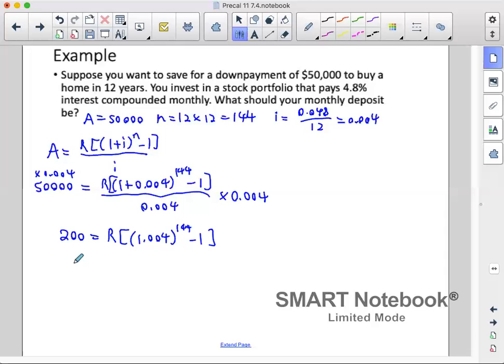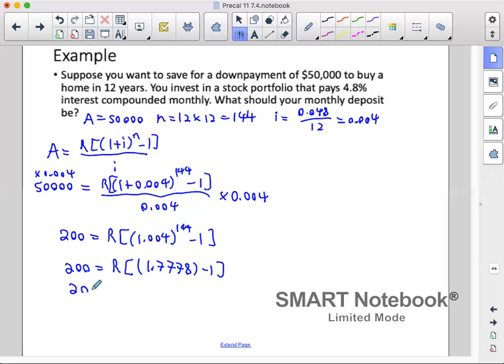So I'll do this part next. 1.004 to a power of 144 is 1.7778 minus 1.